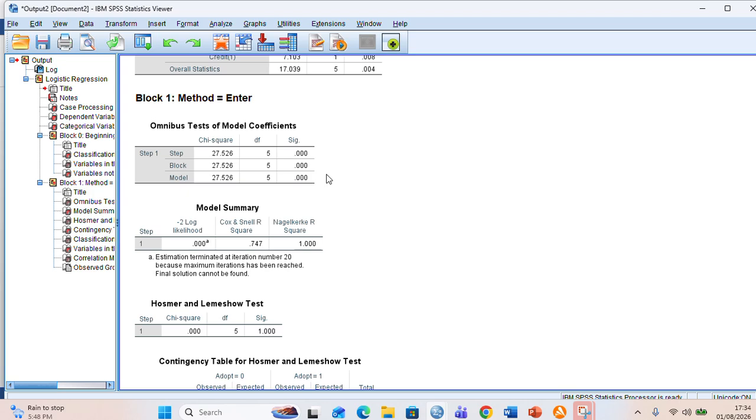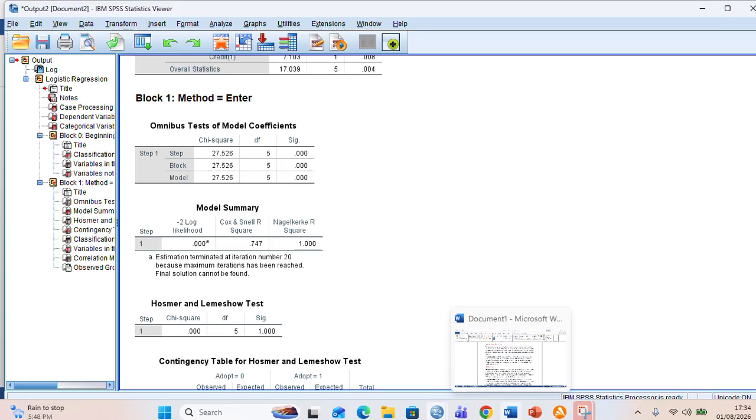This indicates that the model containing the predictor variables fits the data significantly better than the intercept-only model. Therefore, the set of independent variables significantly predicts the dependent variable.